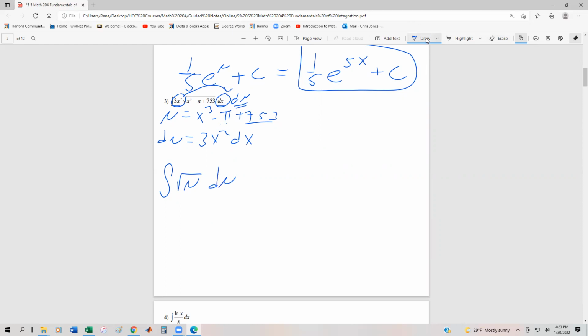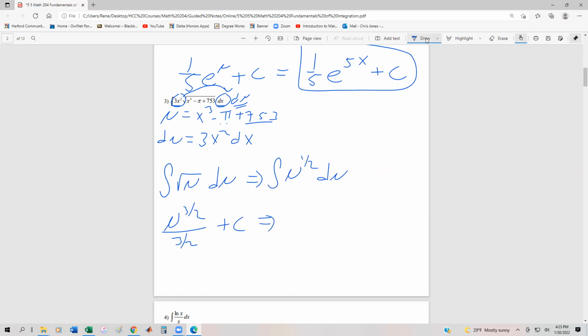To evaluate this, we're going to rewrite this as u to the 1/2. Now we're going to add 1 and divide by the new exponent, the antiderivative. So u to the 3/2 over 3/2 plus our constant. We're going to back substitute for u and clean this up.